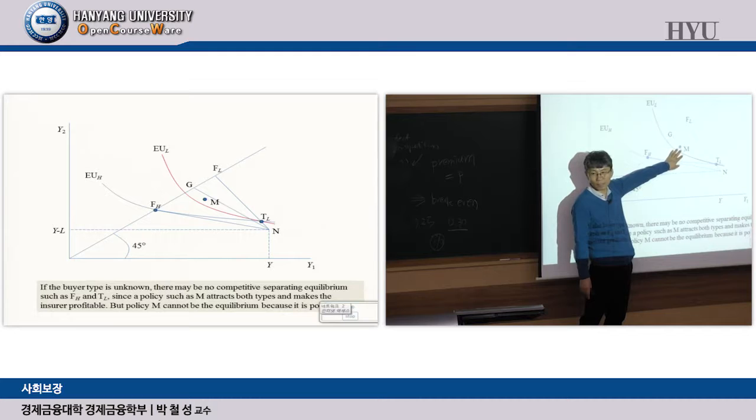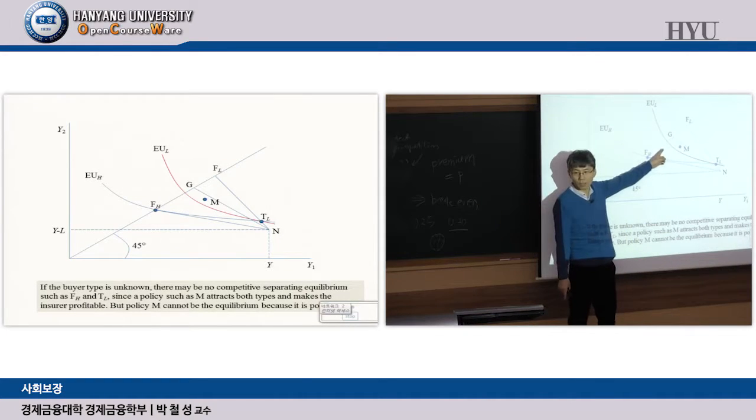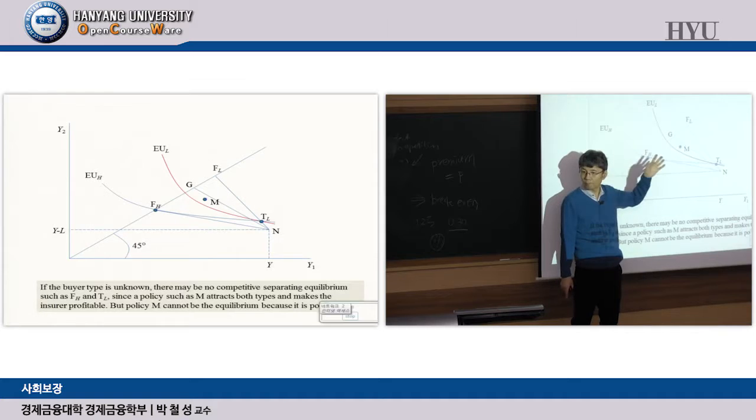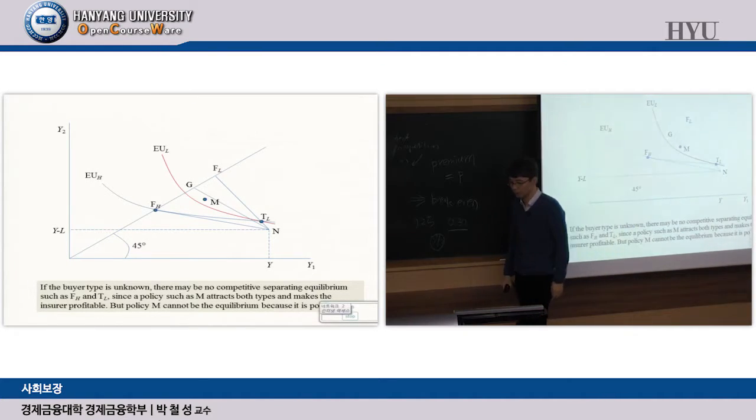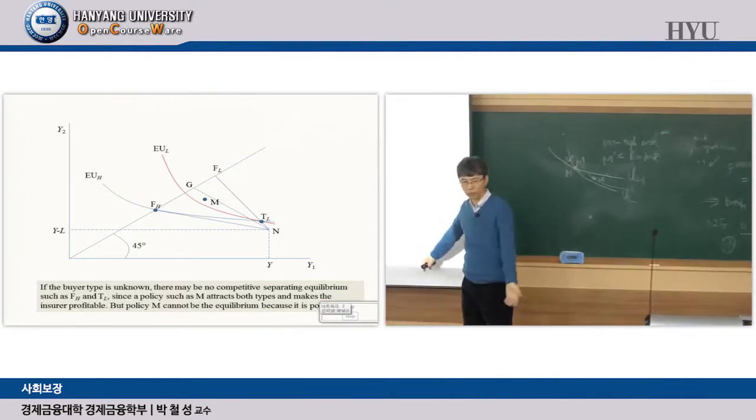No company will stay at M, because they know that some other company will sell M prime, and then they will lose money by selling M. So M cannot be an equilibrium. That's in short, because it is pooling.